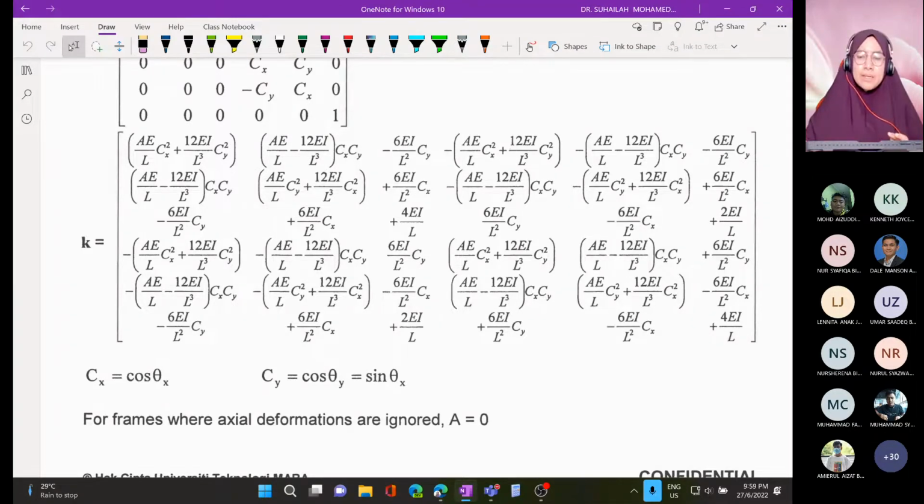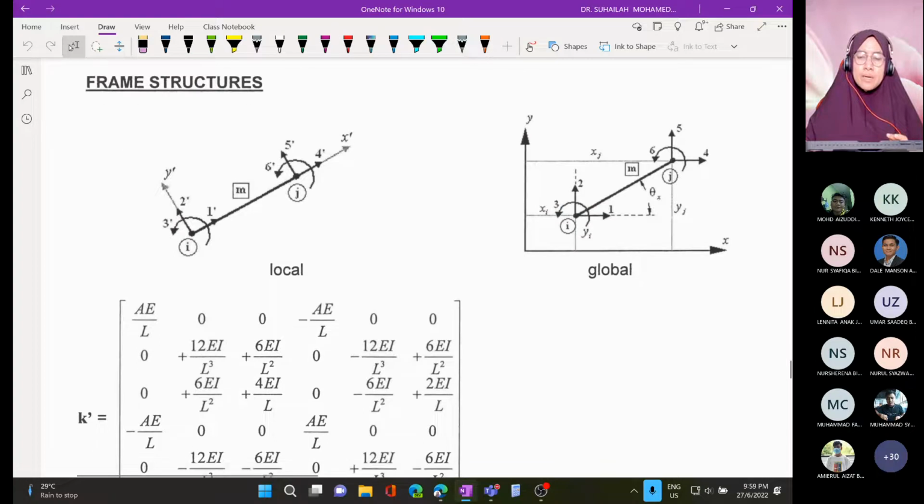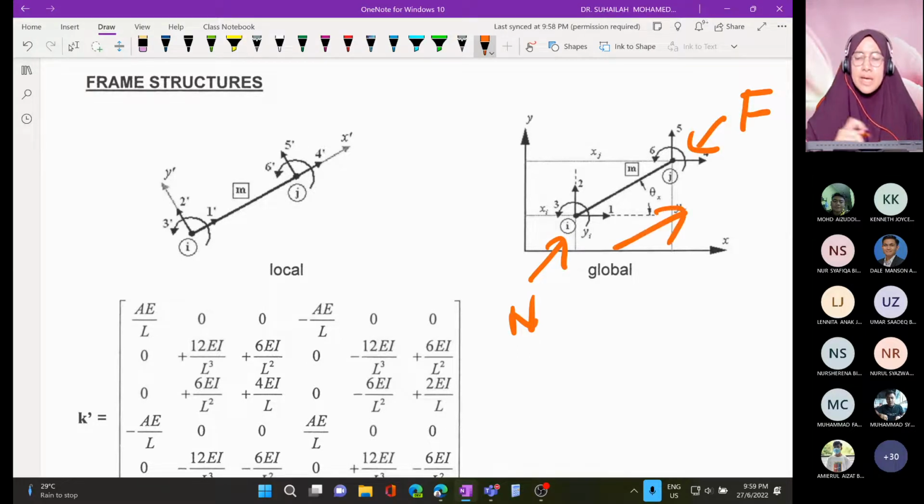Because one element consists of a near node and a far node, the arrow is like this. At the near node there are 3, at the far node also 3, so it will be 6 by 6.